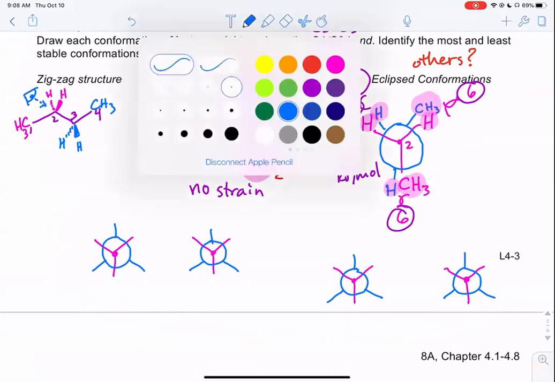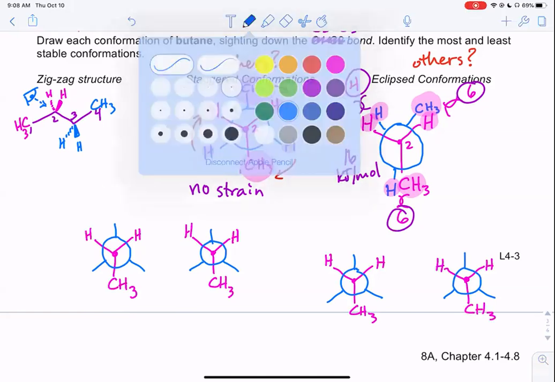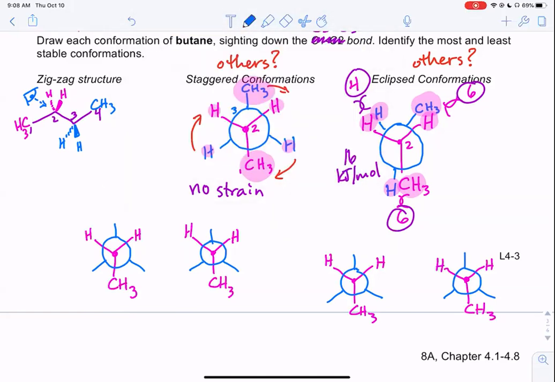For each and every one of them, I'm going to hold the front carbon still. So 1 carbon's going to stay still. That means I'm simplifying my problem, and I'm putting the 2 hydrogens and the methyl group all in the same place, and we're just rotating around the back one. Okay. Now in our first one, we had the methyl group pointing up.